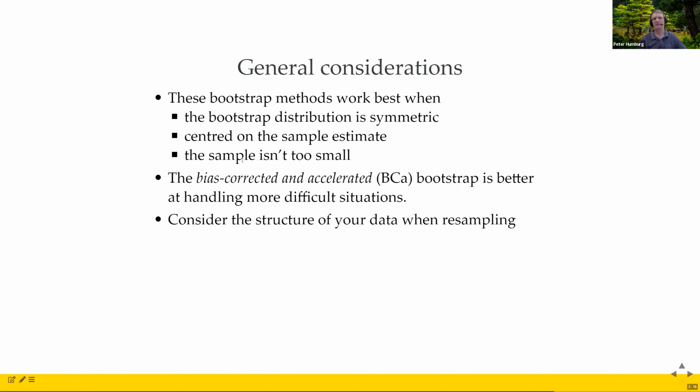So if there's some correlation structure, relationships between the observations, that is important, then you might want to keep these. You need to do the resampling in a way that that is preserved.